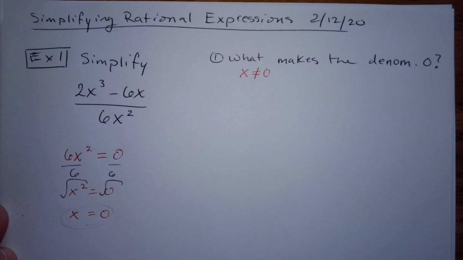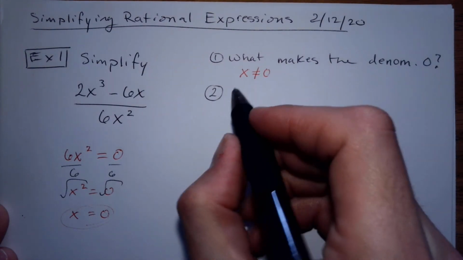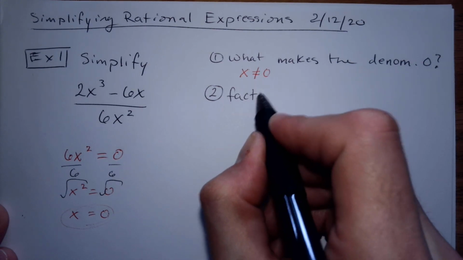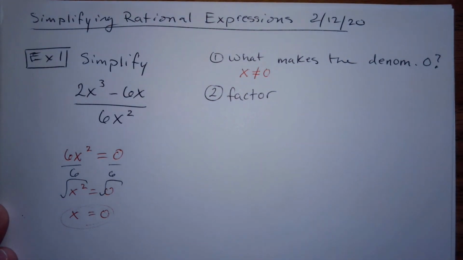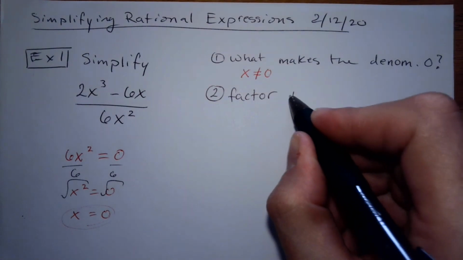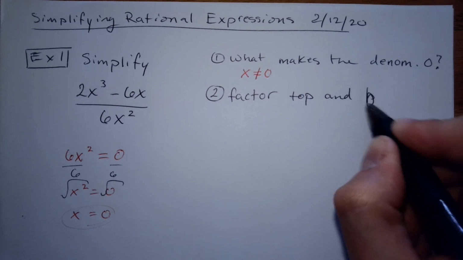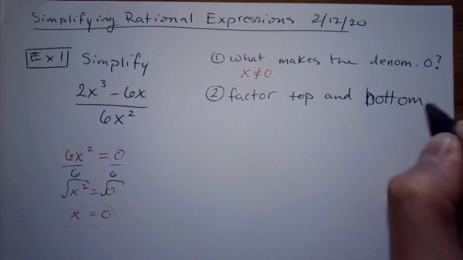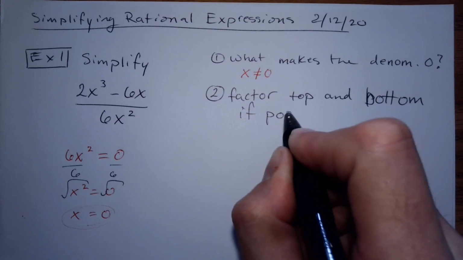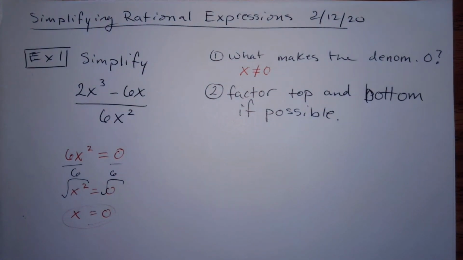Then the next step is going to be factor top and bottom, if possible. So factor the top and bottom if possible. In this case, I can only factor the top.